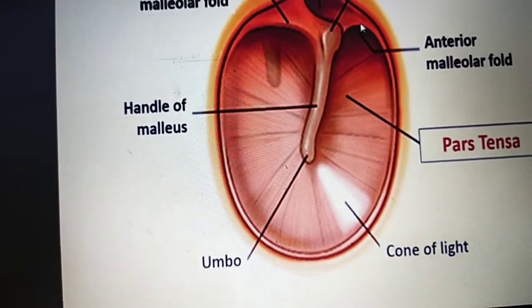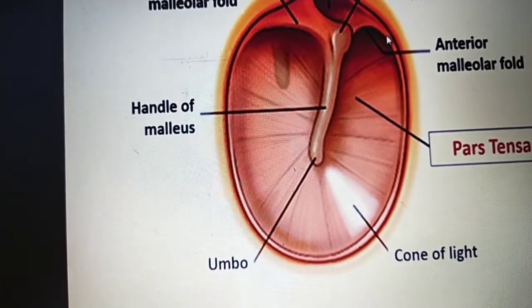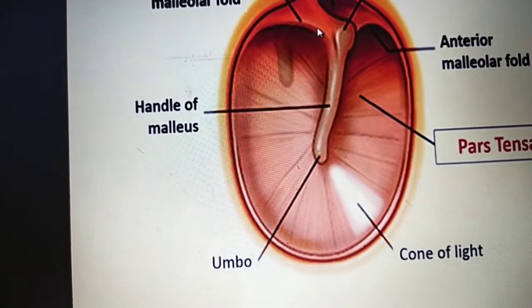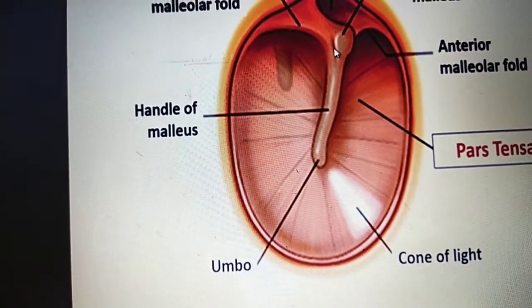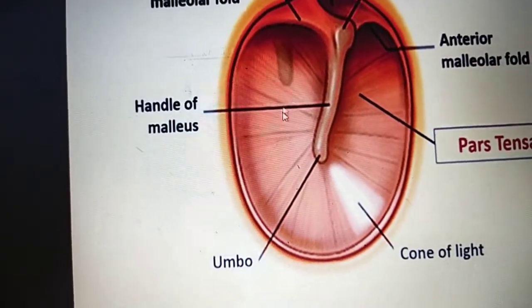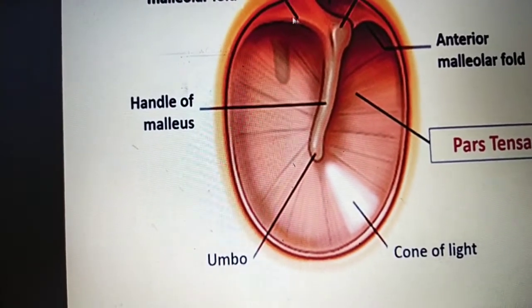It extends from the level of the lateral process of the malleus and the anterior and posterior malleolar folds to the inferior extent of the tympanic membrane at its attachment. Now we can go further.